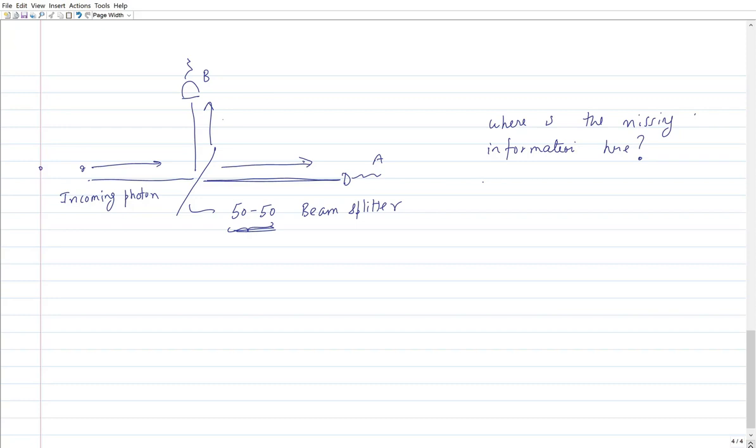So I can say that quantum mechanically, in this setup, there is no missing information.